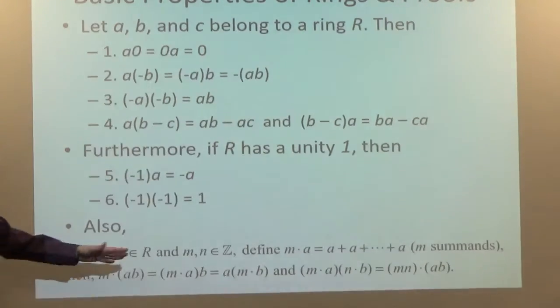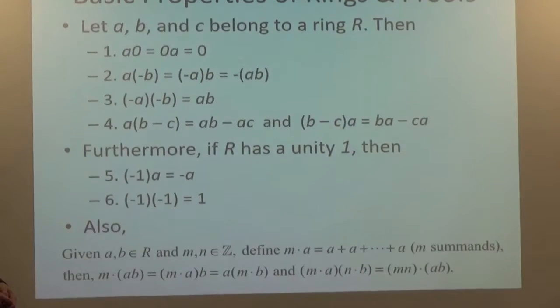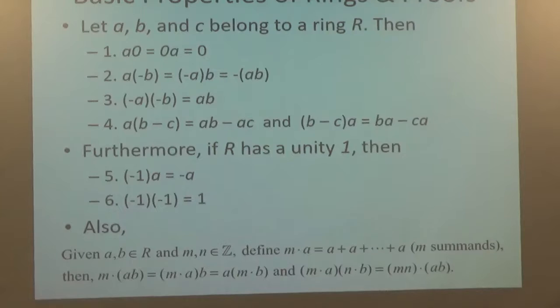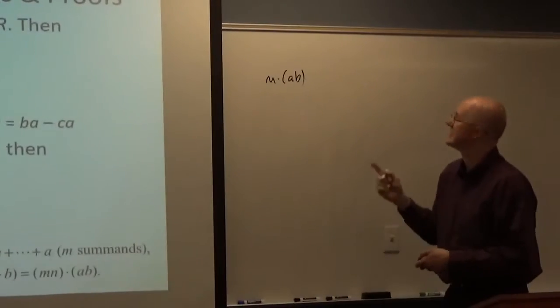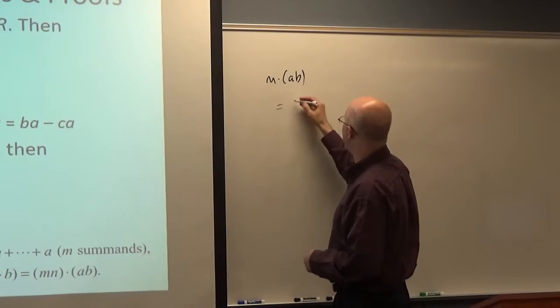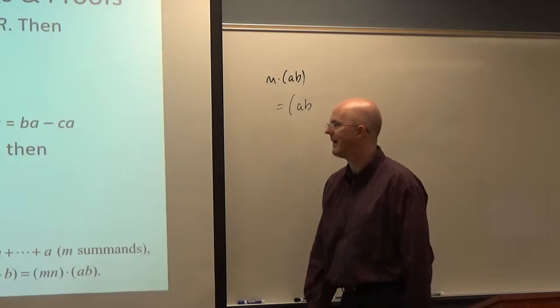From that definition, you can derive the properties you see down here at the bottom. These are not too hard to prove. Let's look at the proof of one of them. For example, the book does put a dot there, but don't say dot. Just write it there. This means ab added to itself m times. I guess I am assuming m is a positive integer here.